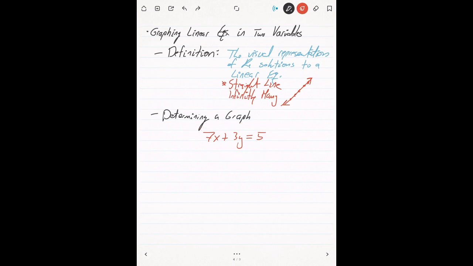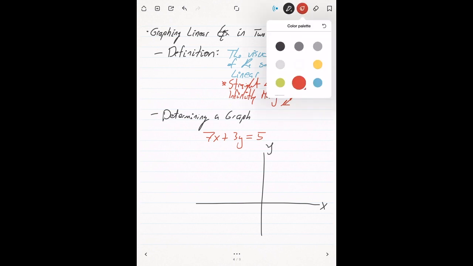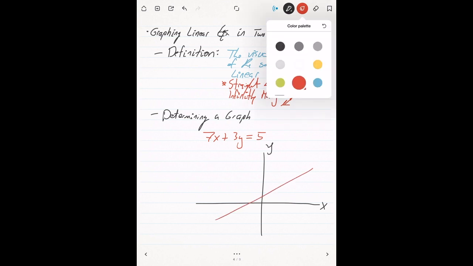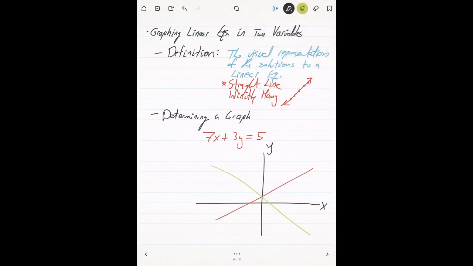Part of what you should understand is if there's infinitely many and it's a straight line, picture the graph of this. If you imagine we have a graph with an x-axis and a y-axis, and we drew a line on here. What if we drew the line this way?